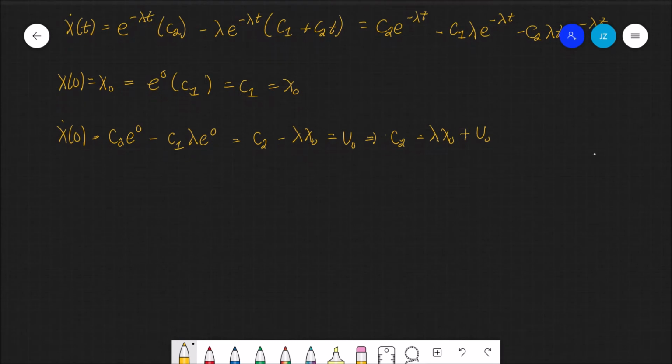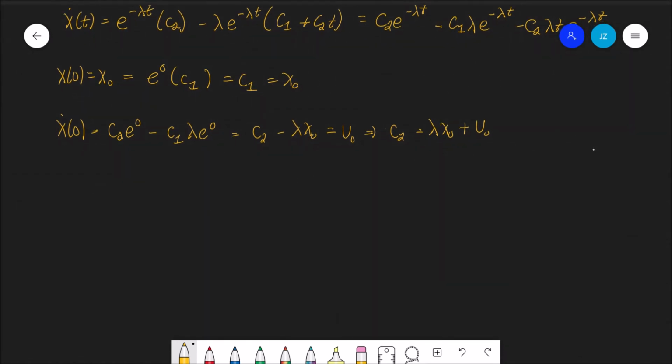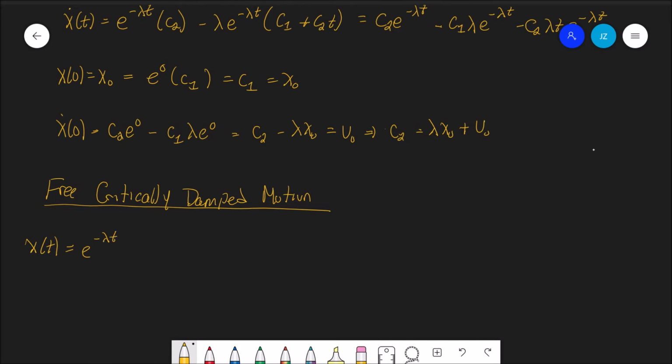So our free critically damped motion is explained by x of t equals e to the negative lambda t times x naught plus V naught t.